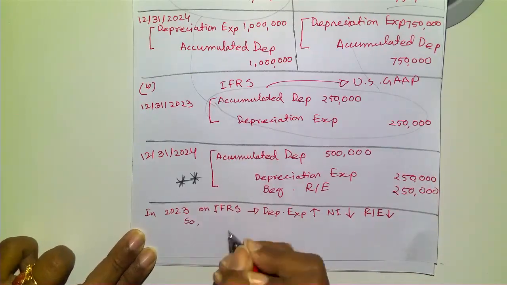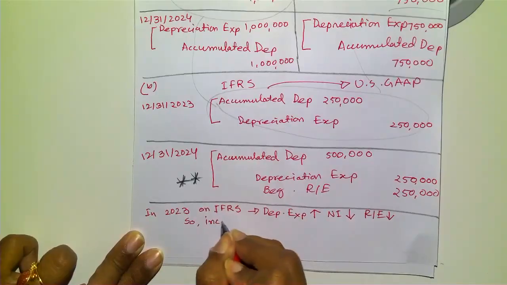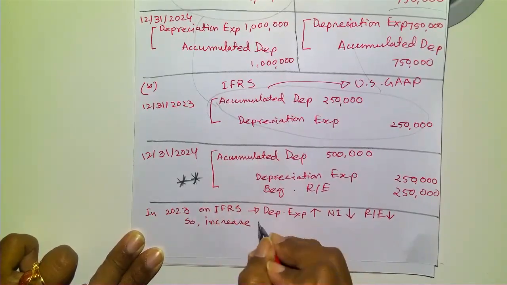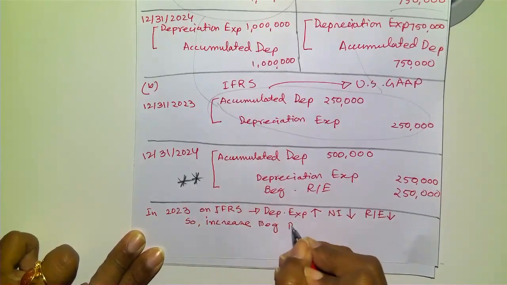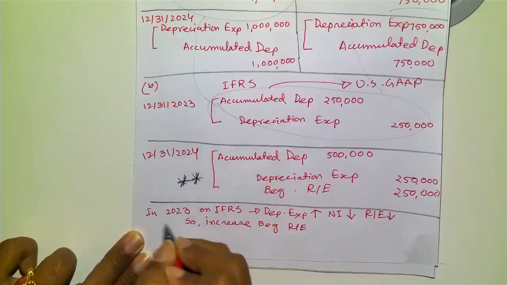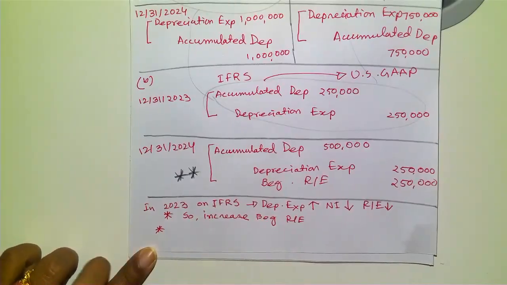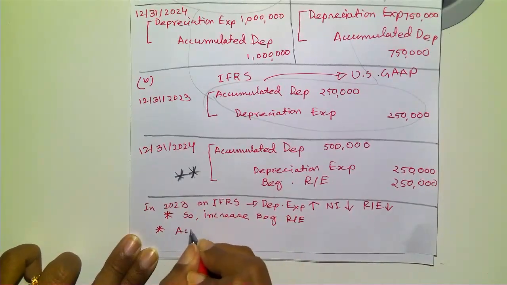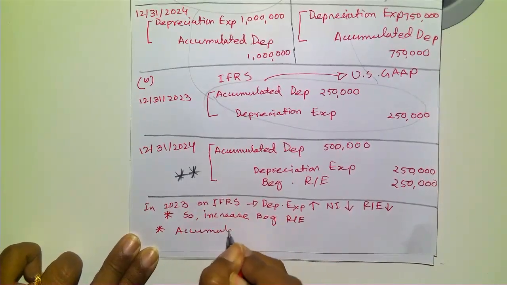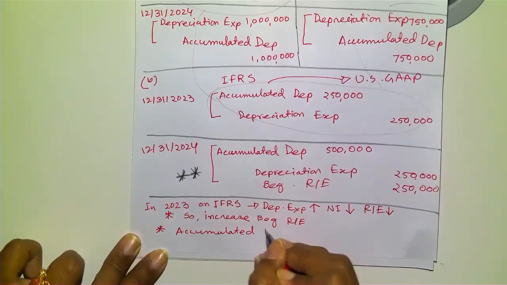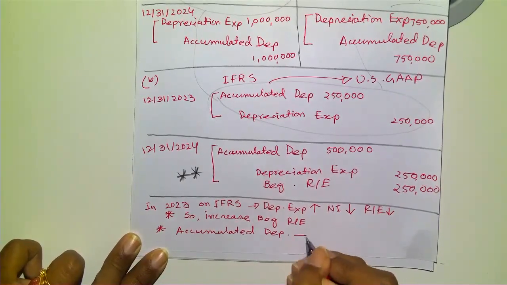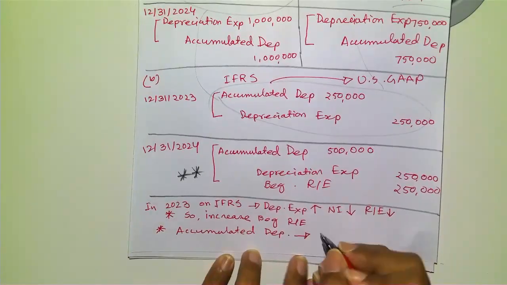So increase beginning retained earnings. This is one point. Second point, accumulated depreciation. 2 years, right?